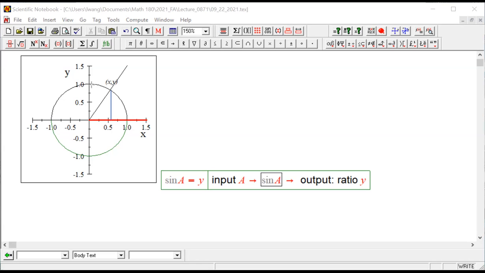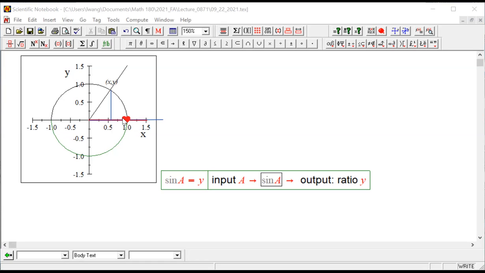If the point is in the first quadrant, it depends on where your terminal is. If your terminal overlaps with the red line, what would be the y? Your point will be here, right?